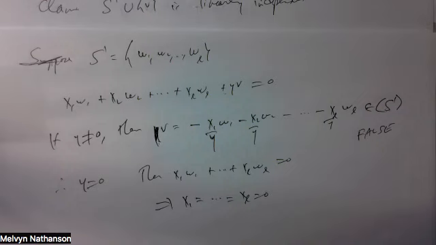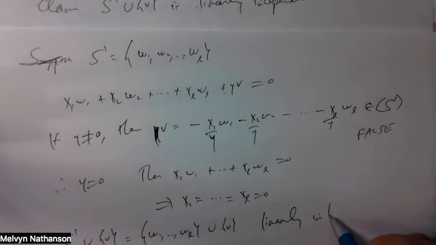So that means that the set S prime union V, which is W1 up to W sub L, union V, is linearly independent.